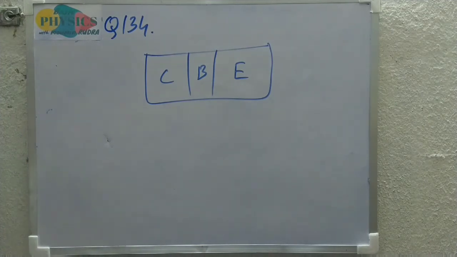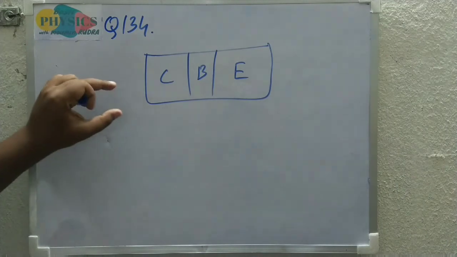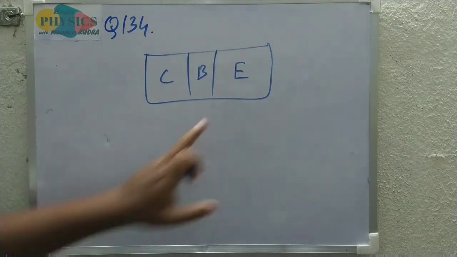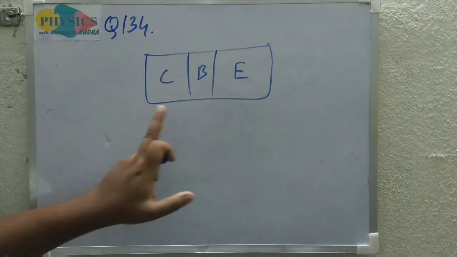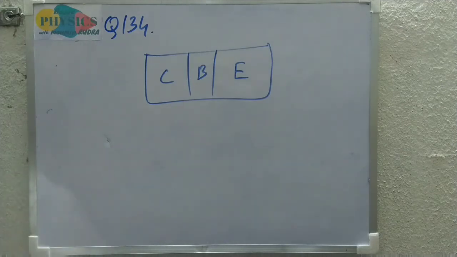Both emitter junction as well as collector junction are forward biased. No, when the transistor is in the active region, only the emitter junction is forward biased and the collector junction is reverse biased. So option 2 is not possible.